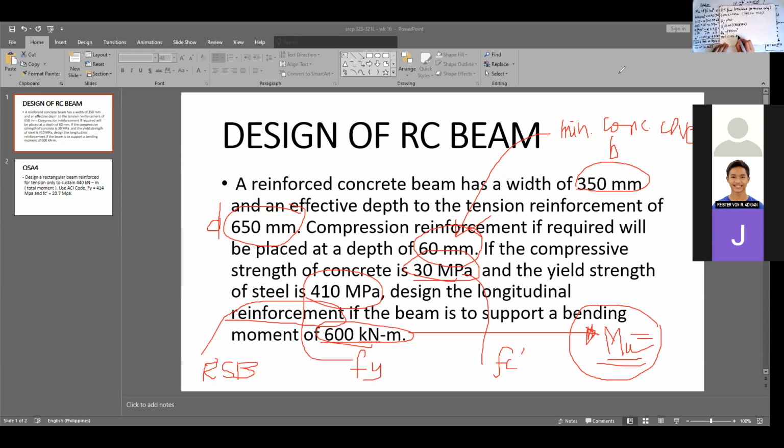Then, let's say for example, the dimension of the RSB, pwedeng kayo na rin yung mag-decide kung anong size ng RSB ang gagamitin ninyo. Okay, let's say we are going to use 28 mm RSB. So, we need to determine how many bars do we have to provide in the section. The number of 28 bars, you multiply it by the area of 1 bar, pi d squared over 4. So that is 28 squared.